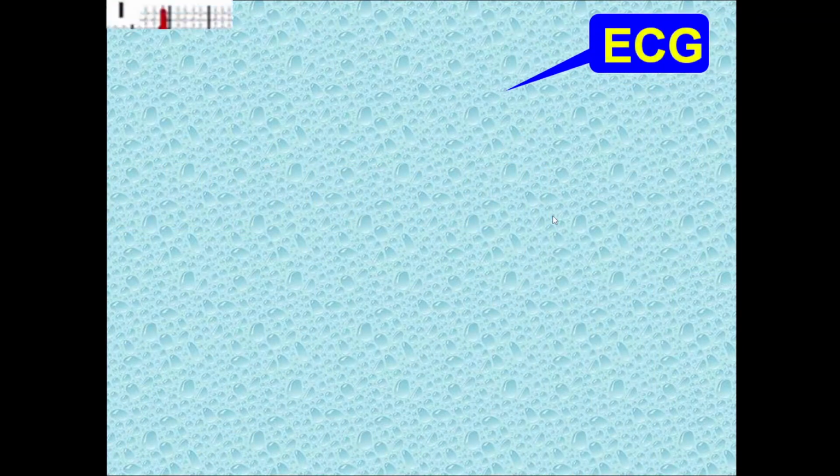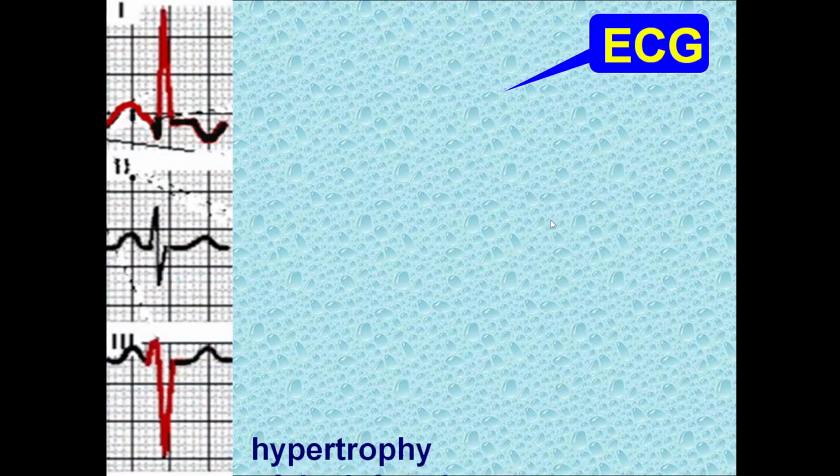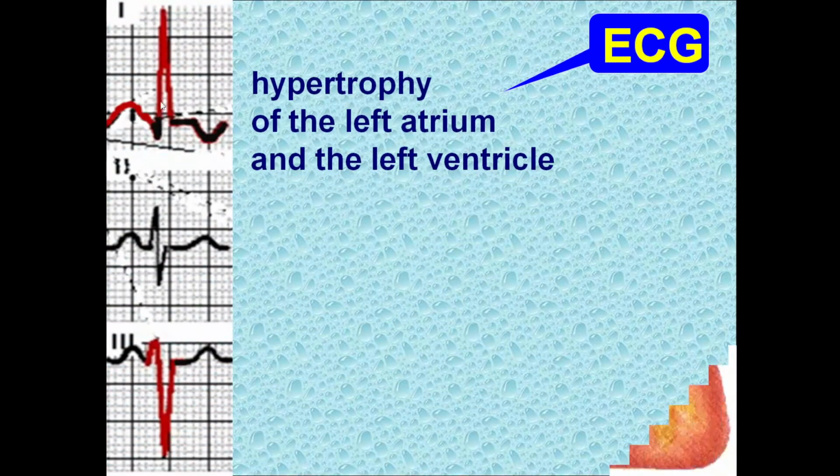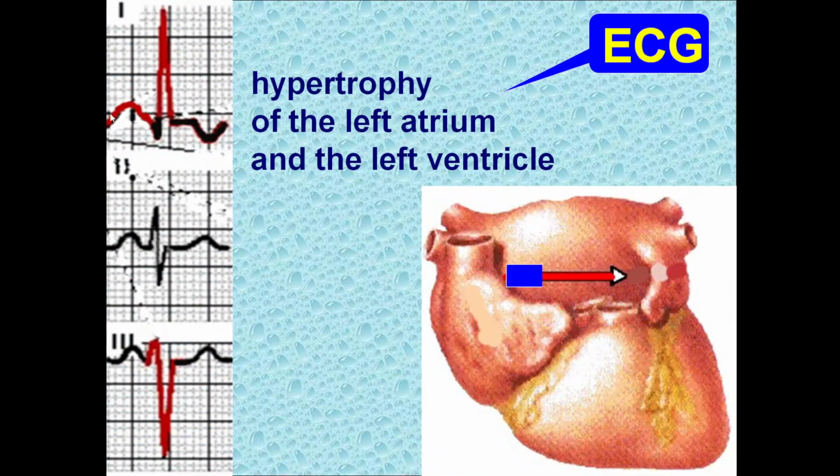Instrumental examination. On ECG, we'll see signs of a hypertrophied left atrium, P mitrale, a wide and high P wave in the first standard lead, and hypertrophy of the left ventricle, a deep S wave in the third and a high R wave in the first standard lead.